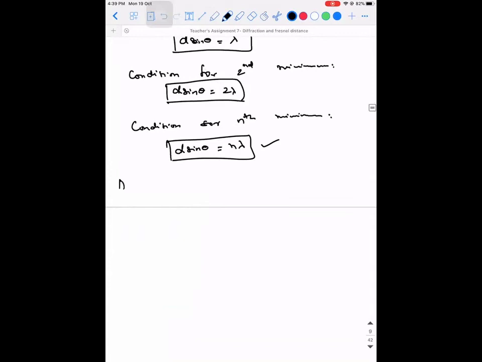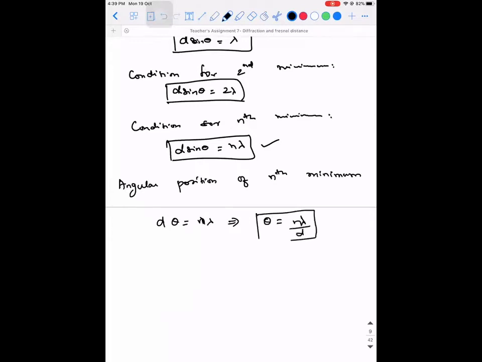So angular position means what? Theta is small, so d into theta will be equal to n into lambda, which implies theta is equal to n lambda divided by d. This is the angular position of nth minimum.